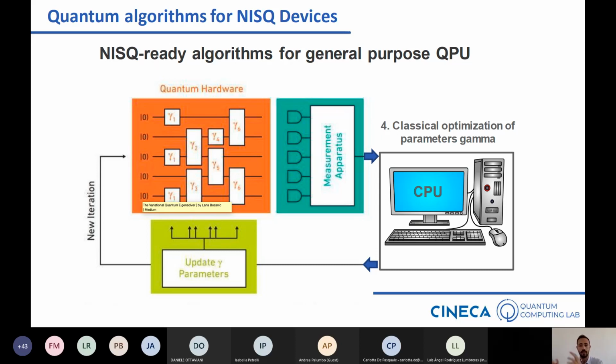Okay, let's go on a little bit. So this is the loop. You start with random parameters, you update them, and you perform a new quantum iteration, and so on until you reach some convergence.